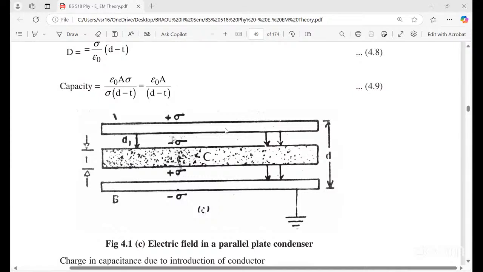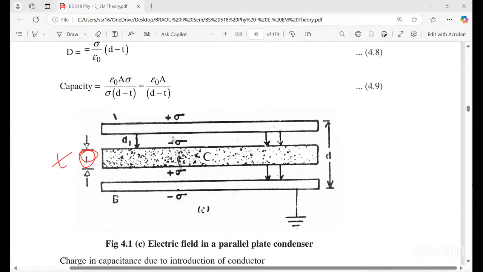So see here, between the plates of the capacitor, a dielectric slab of thickness small t is introduced. If it is introduced between the plates of the parallel plate capacitor, how is the capacitance going to change?